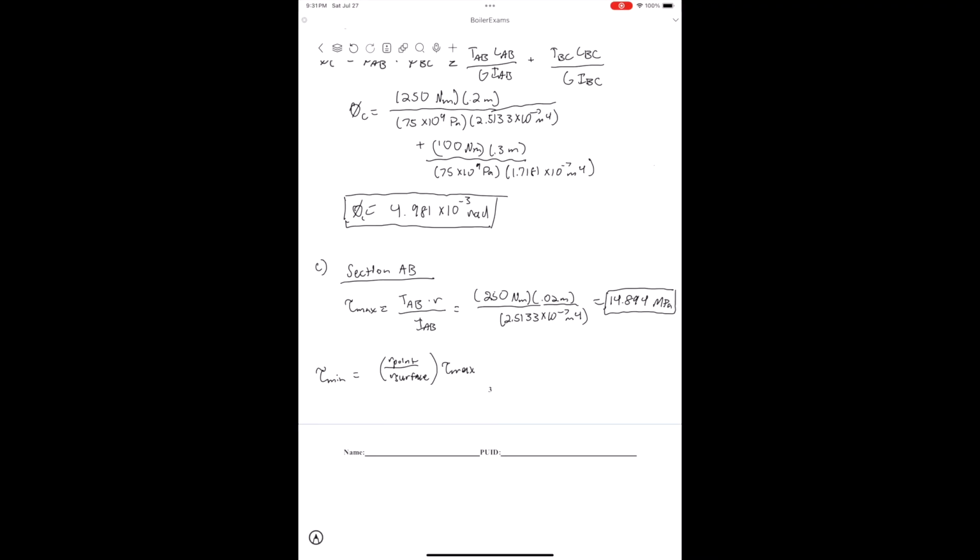So in this case, we're doing the solid section AB, so R point is just going to be equal to 0, so tau min is just going to be equal to 0 as well.